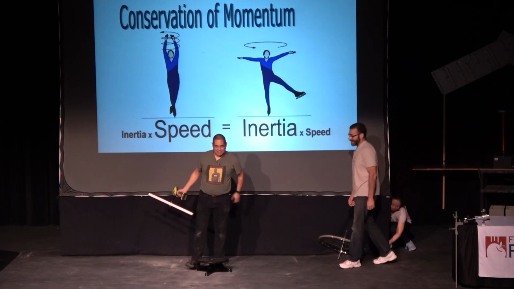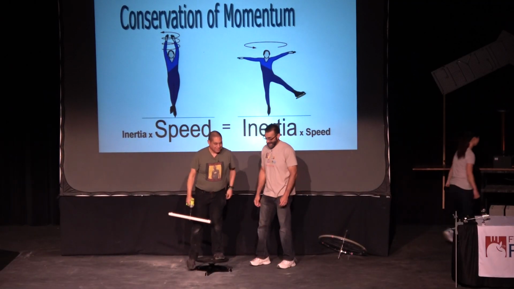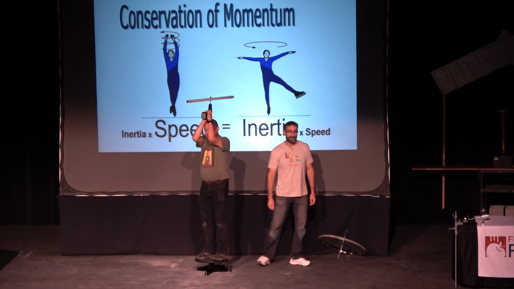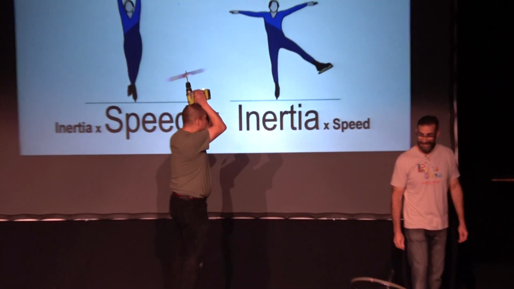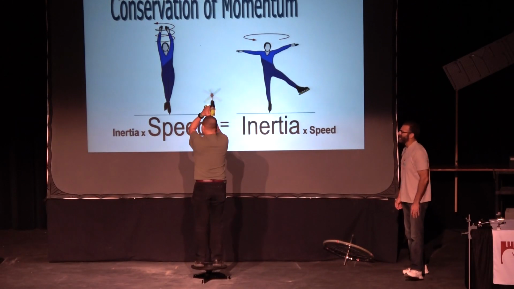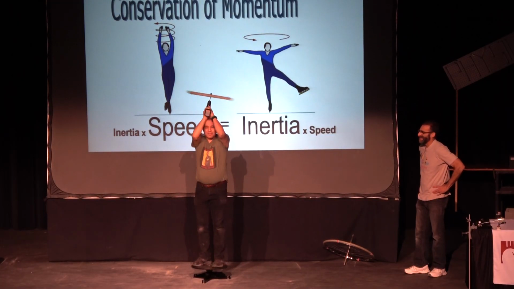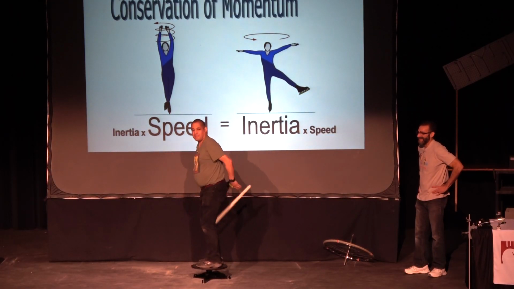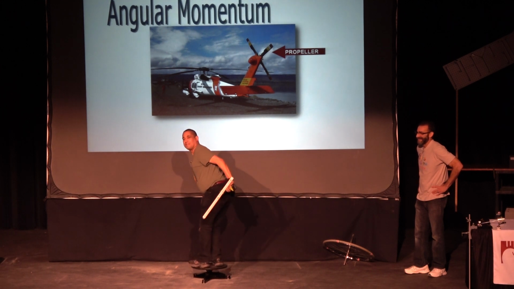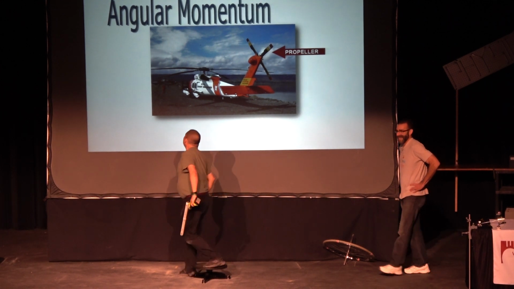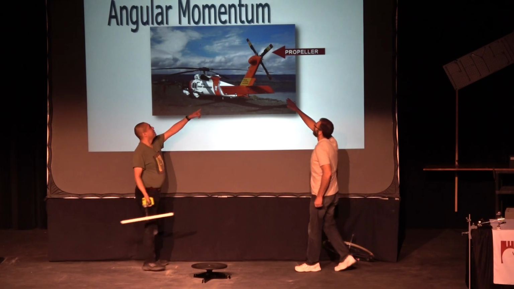Lucky for us, David is a Renaissance man. Not only is he an ice skater, he's a helicopter. Wait a minute. Something is wrong with this helicopter. What's missing? The tail rotor.